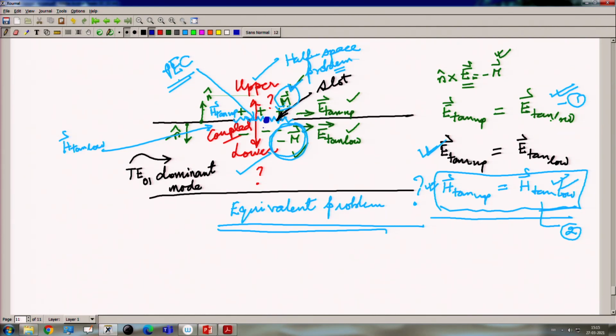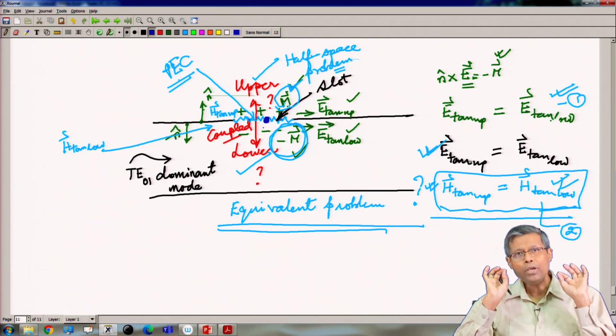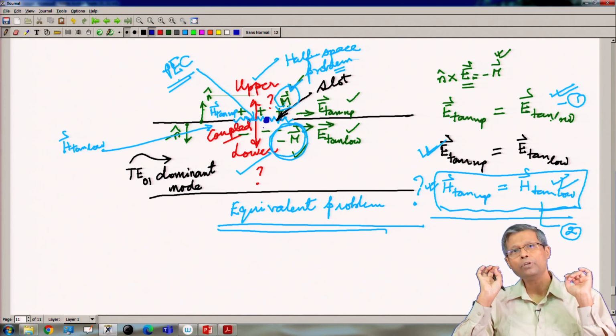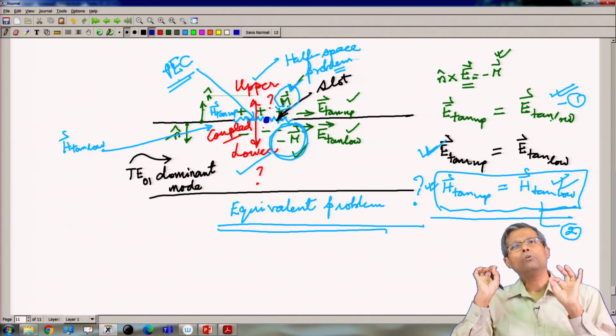When we talk of the Green's function, we completely forget who is exciting the problem, the source of excitation. We take that to be an impulse source. We did that for the electric current source, we are now also going to do it for the magnetic current source.